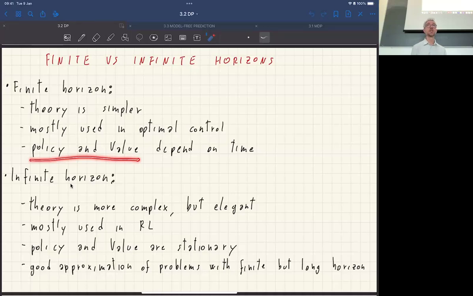And if you think a moment about it, that makes a lot of sense. So the optimal thing to do depends on how much time I have left in my horizon. So if I want to get as close as possible to that point over there, which I cannot reach standing here, if I have very little time, the best thing to do would be just to bend over and try to get close, even though I cannot reach it.